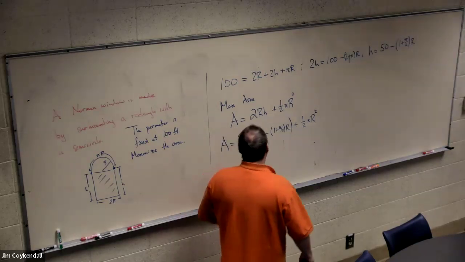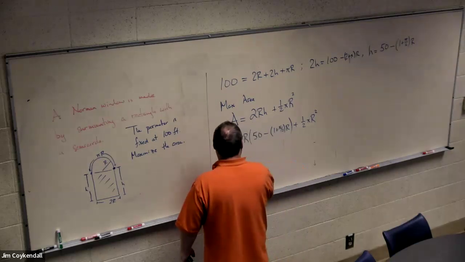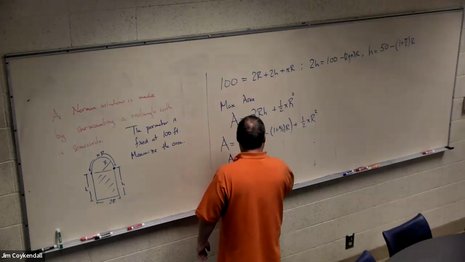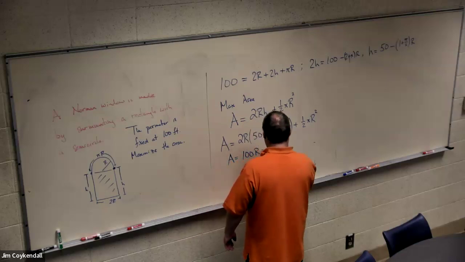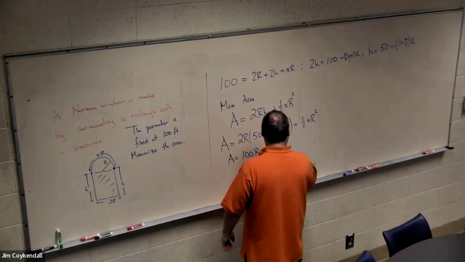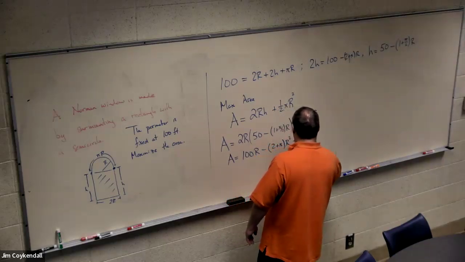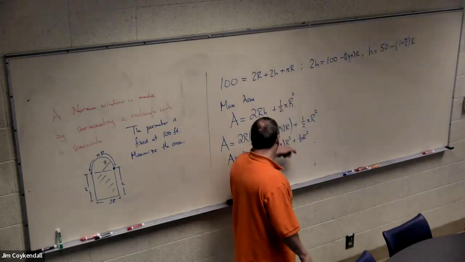This is a mess. You don't have to do this, but I'm going to do it, and we'll probably thank ourselves later. This is 100R minus (2 plus pi) R squared plus one half pi R squared.